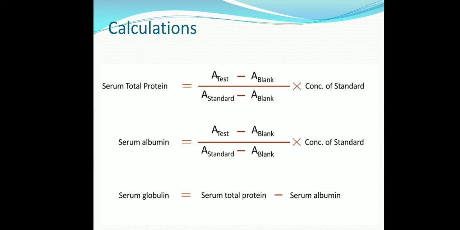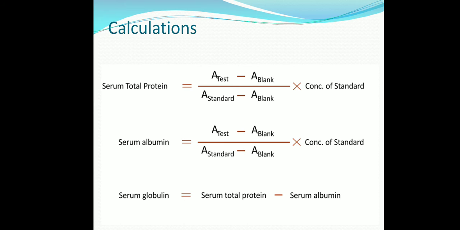Calculations: for serum protein, the difference in absorbance of test and blank divided by the difference in absorbance of standard and blank, multiplied by the concentration of standard. For serum albumin, the difference in absorbance of test and blank divided by the difference in absorbance of standard and blank, multiplied by the concentration of standard.